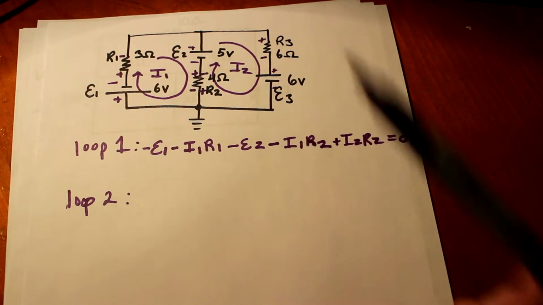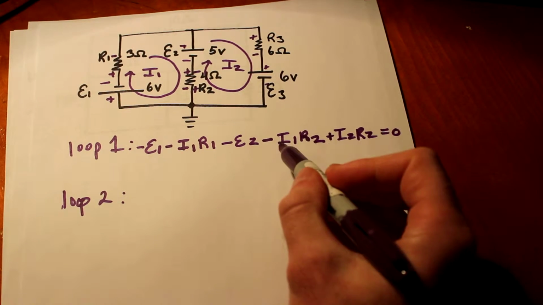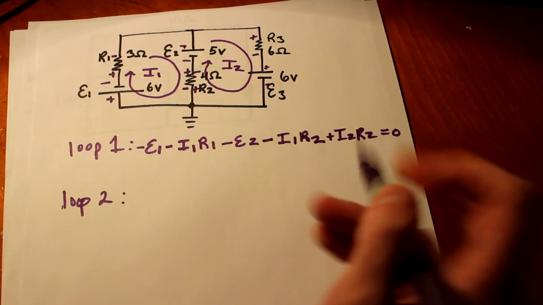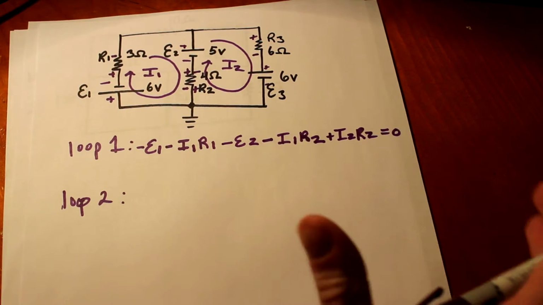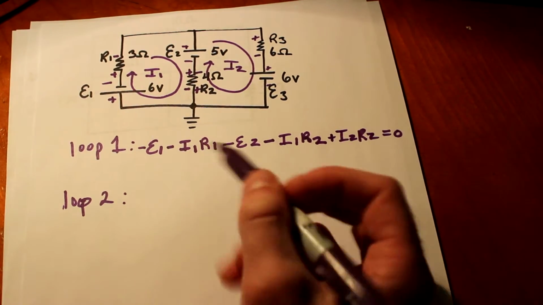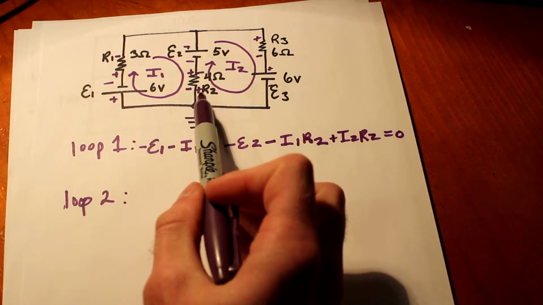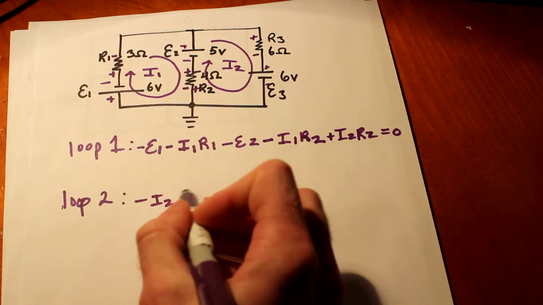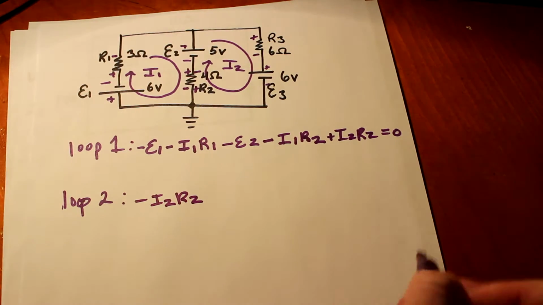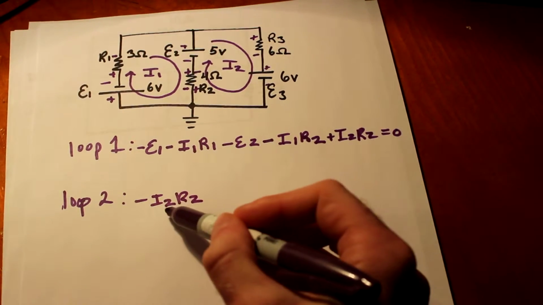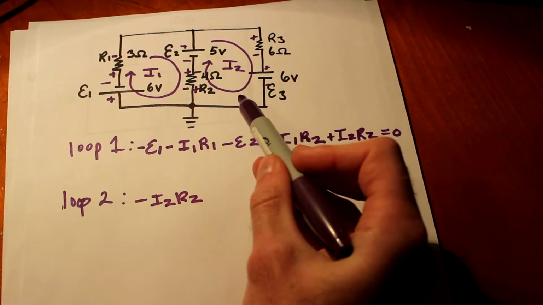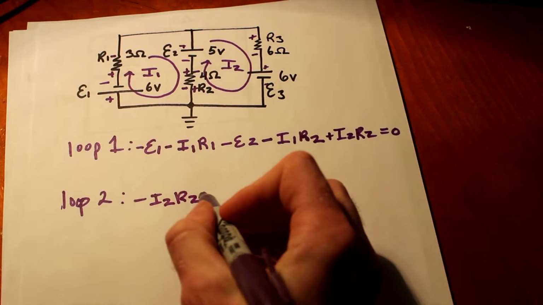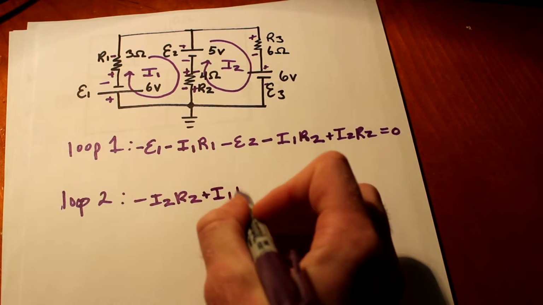So let's do loop number 2, and we'll encounter this once again, and you'll see how it is similar yet differentiates a little bit. So we'll start from this corner. We'll go minus I2 R2, okay? So it's a negative this time because we're using that second loop. And then we go plus I1 R2.